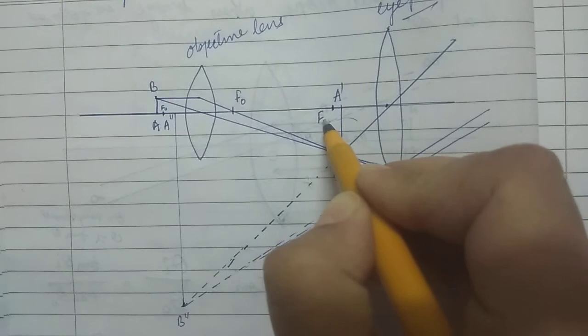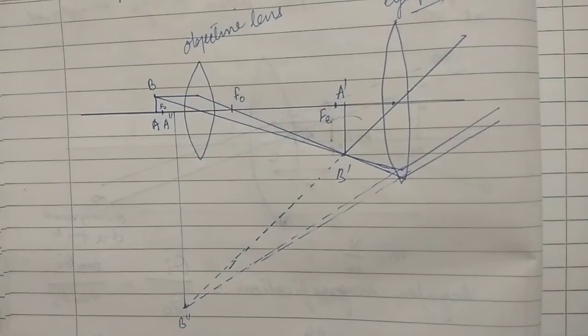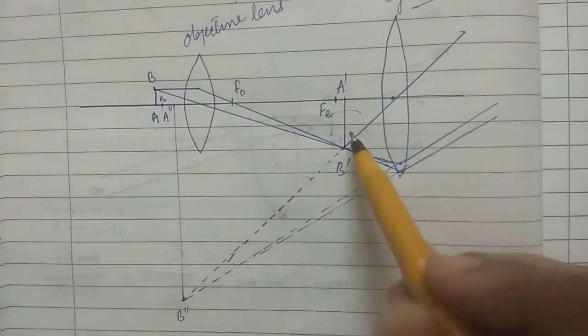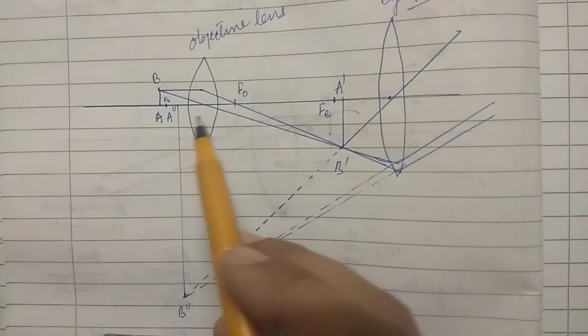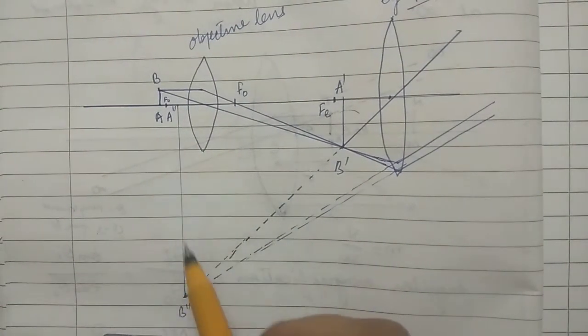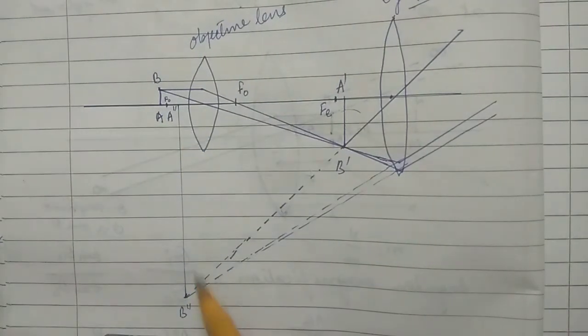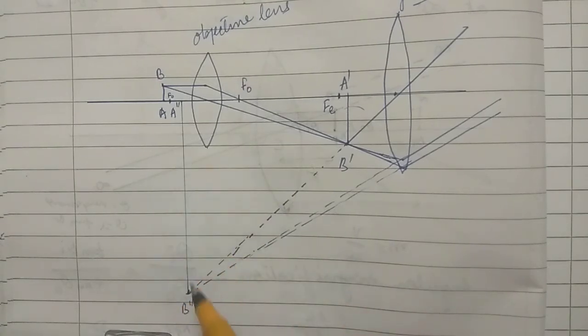Here, as we are using two lenses, so we must differentiate between the letters which we are using for the focus. So now you can see this is the final image, A double dash B double dash, and you can see this is the inverted image. This was the actual object, and final image A double dash B double dash we are getting. Now you can see the magnification. It is highly magnified image.